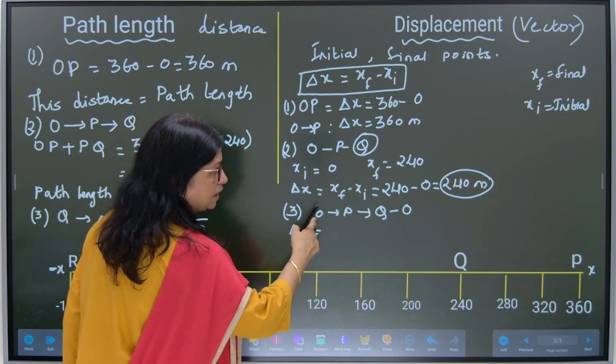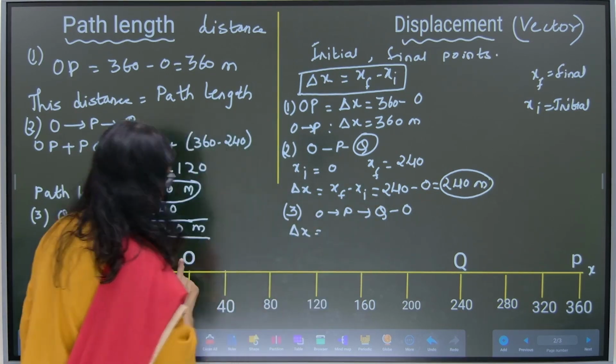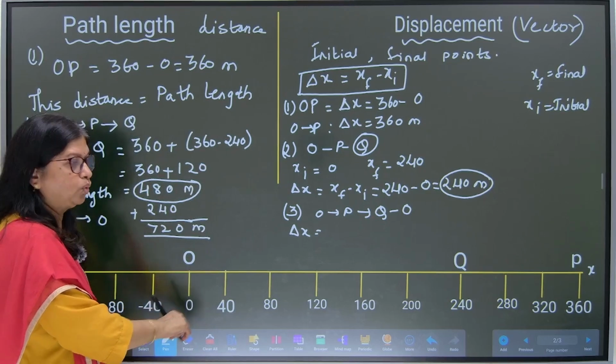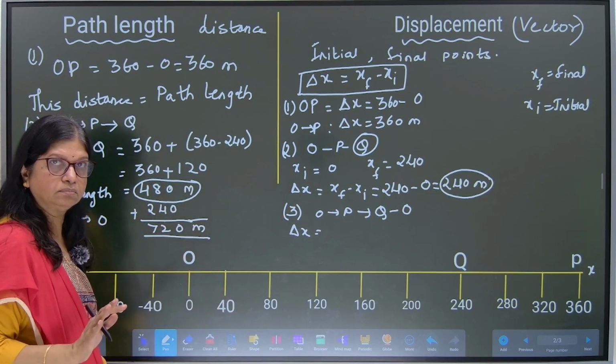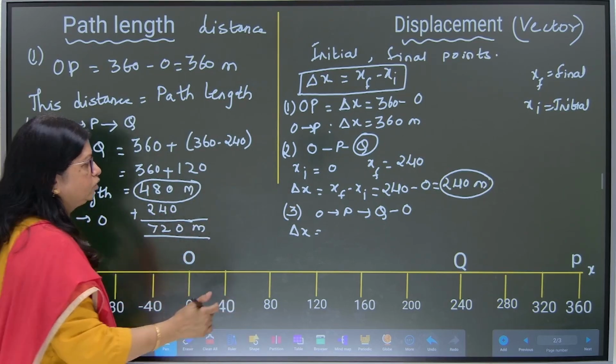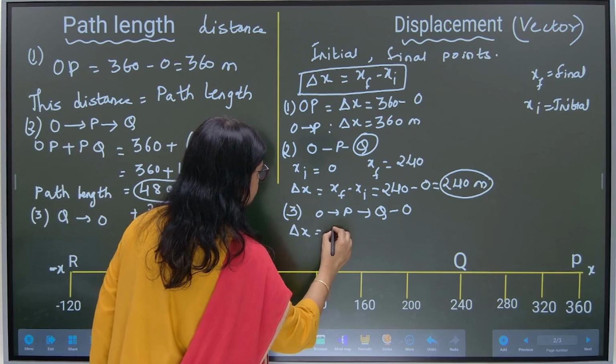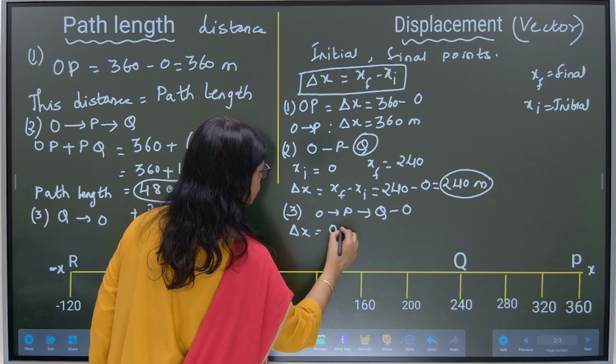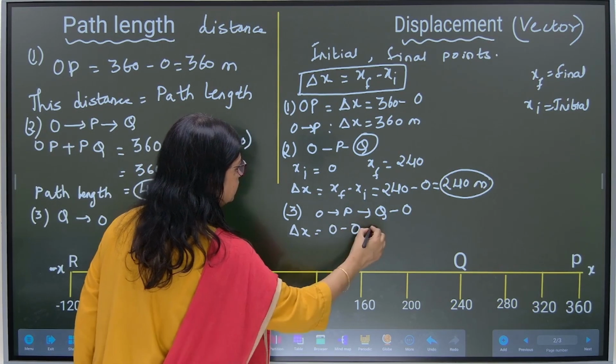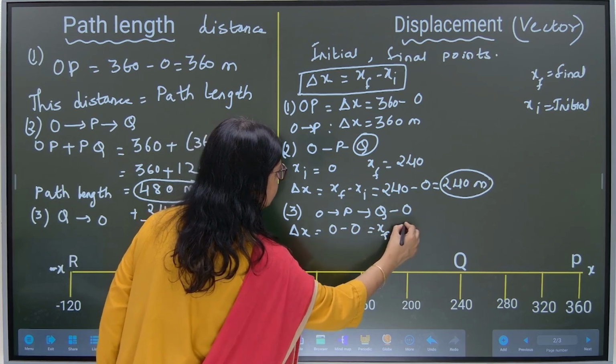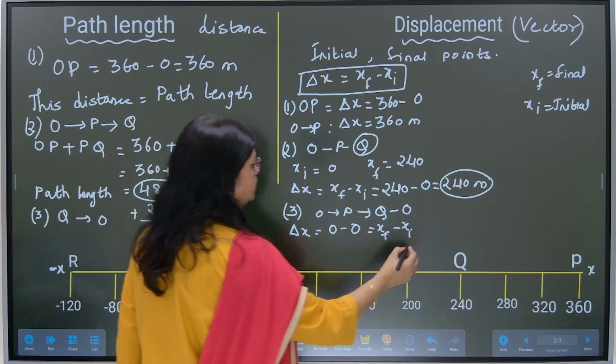What is my initial position? Origin O. Final position is also O. This is xf minus xi. So what is my answer?